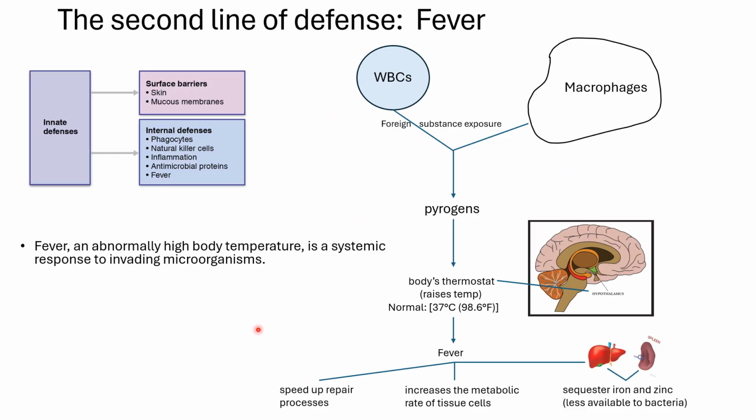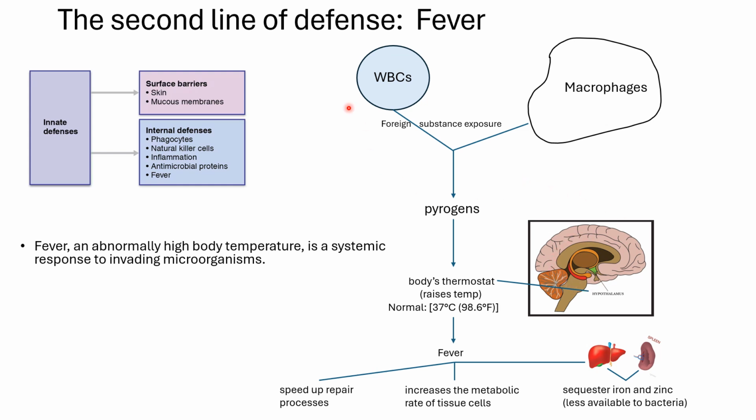Now this brings us to the last point of our second line of defense, which is fever. Fever is an abnormally high body temperature, and it is a systemic response to the invading microorganism. In our brain, we have a part which regulates the temperature.